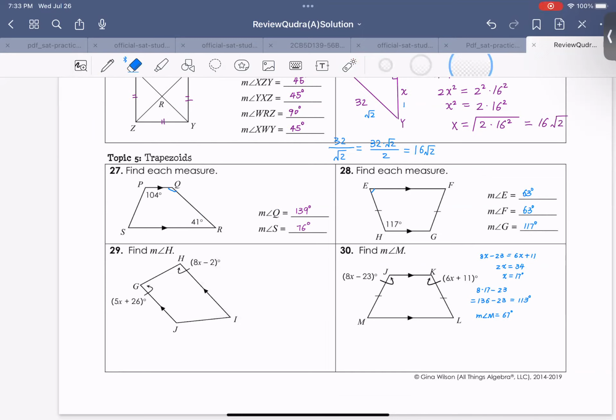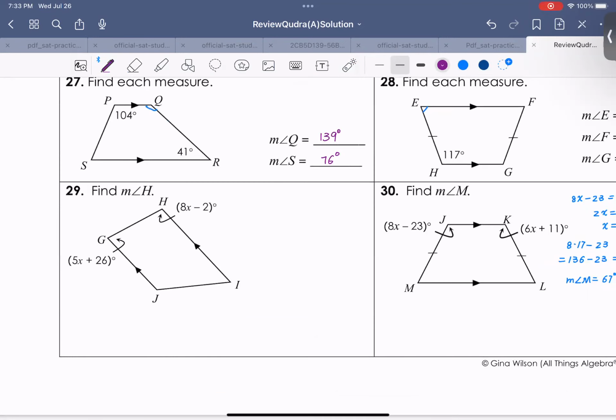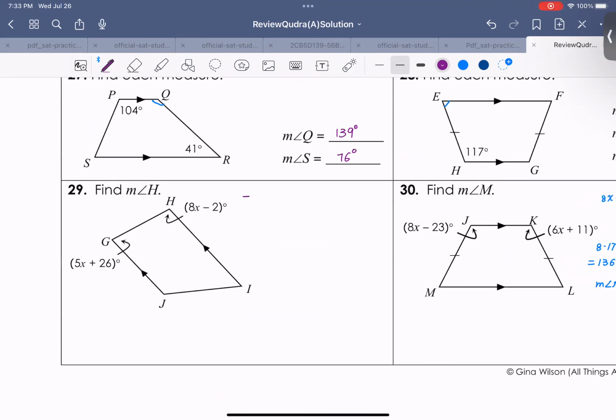Let's solve number 29. We know that angle G and angle A, added together, equal 180 because they are same side interior angles.